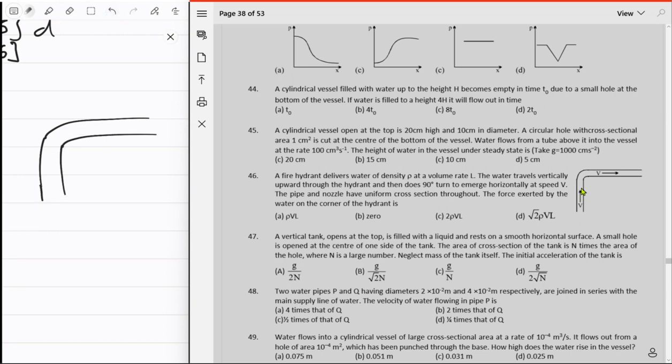So our system is of course the water inside plus this layer, this pipe end of it. So what do you want? You want the force exerted by the water on the corner of the hydrant. Think about it.